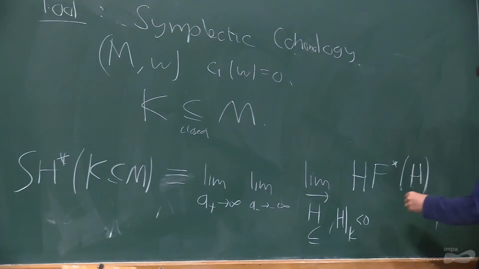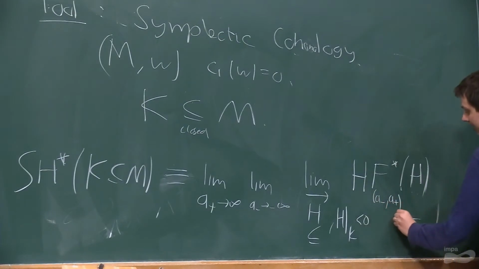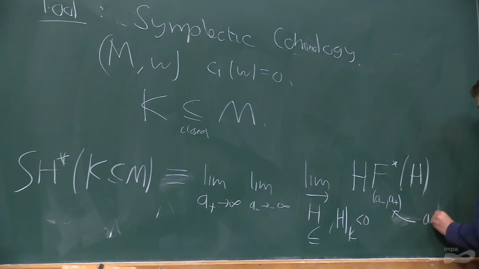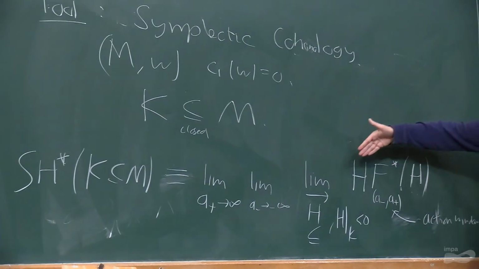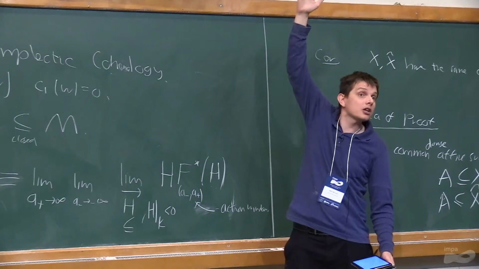And where do this A plus and A minus come in? Well, we fix an action window here. So what I'm doing is I'm taking a direct limit with respect to the Hamiltonians first, and then I'm widening the action window.